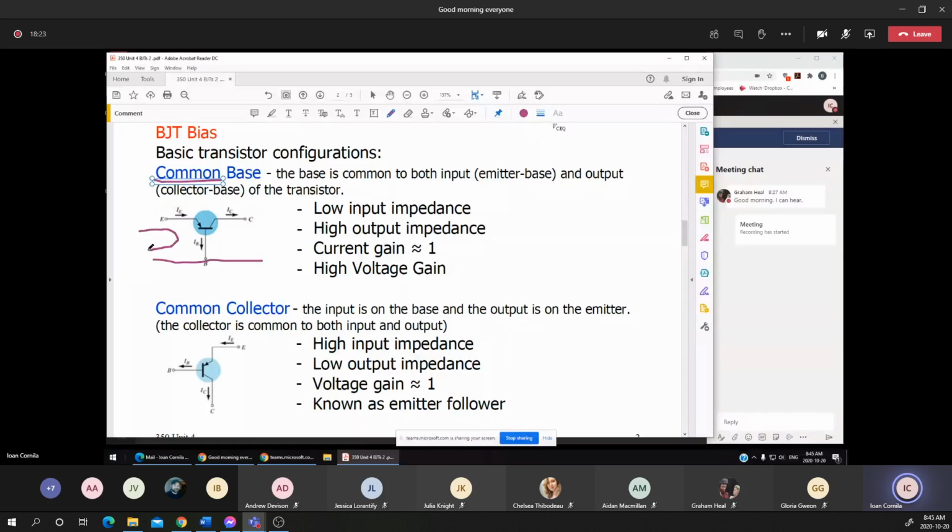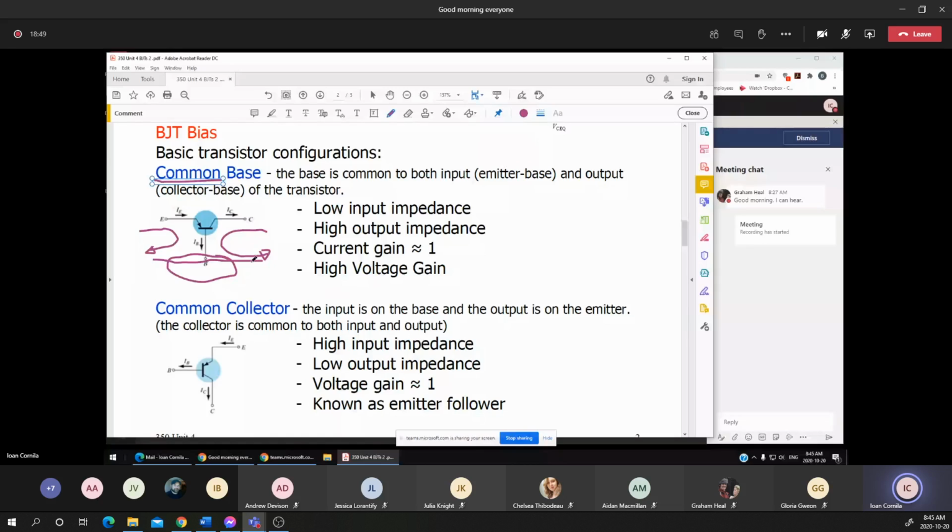If that's the input loop and that's the output loop, you notice that the common connection is the base. That's the common base connection or the common base circuit. The common refers to the terminal that is common on the input and on the output.